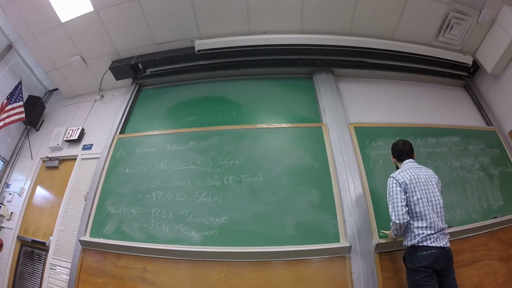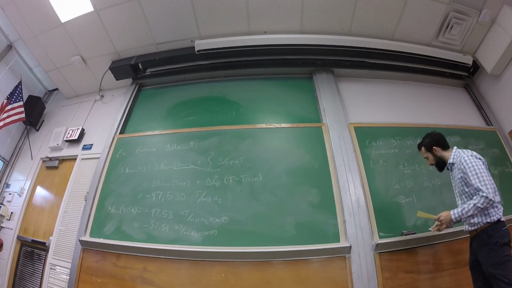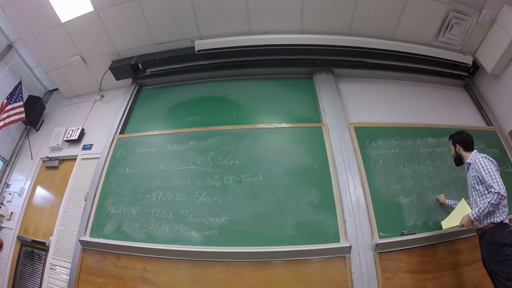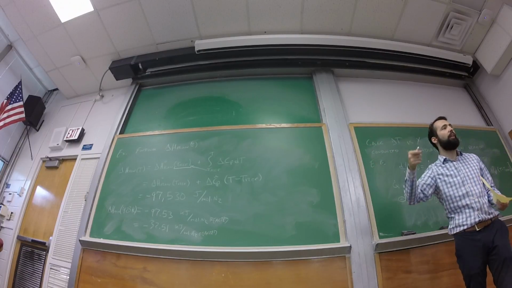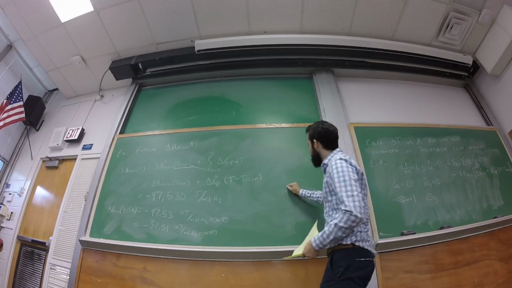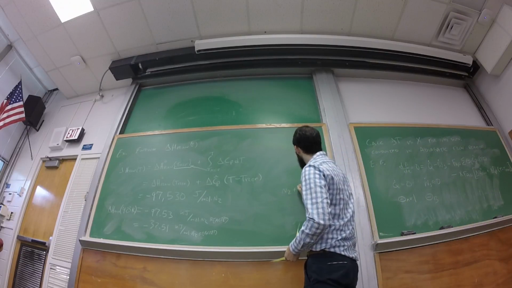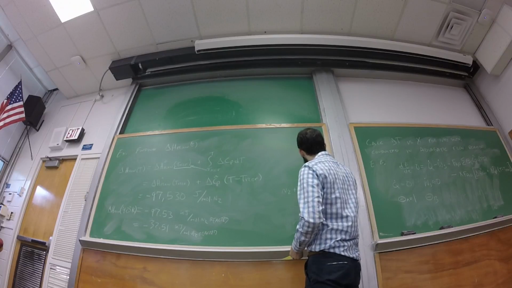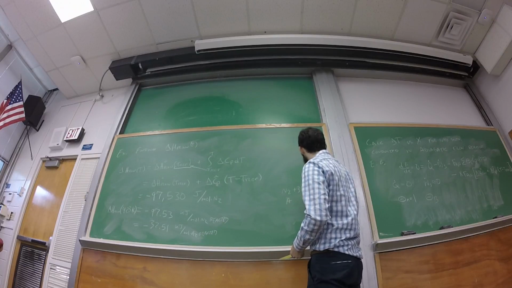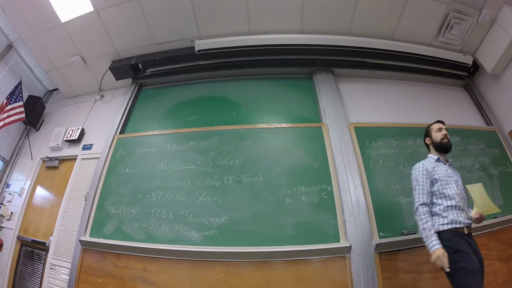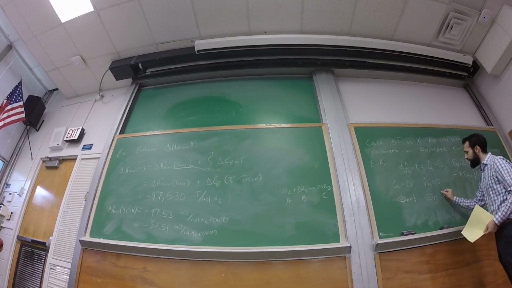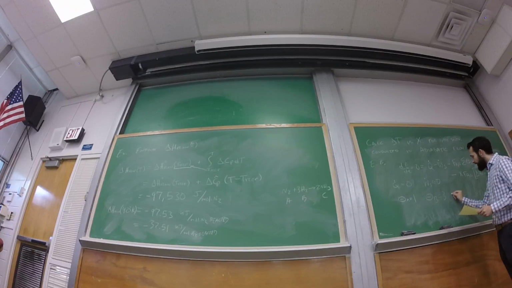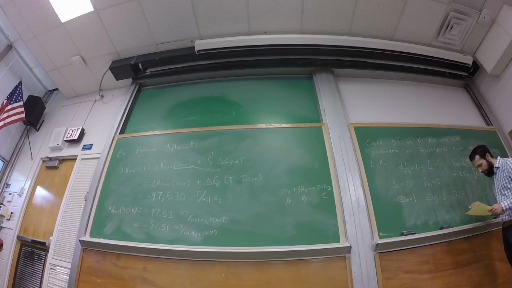So some other things, we're going to have a stoichiometric feed. So what is theta B? If we have A, B, C, what's theta B? Theta B is equal to 3. Stoichiometric feed, right? And so theta C is equal to what?